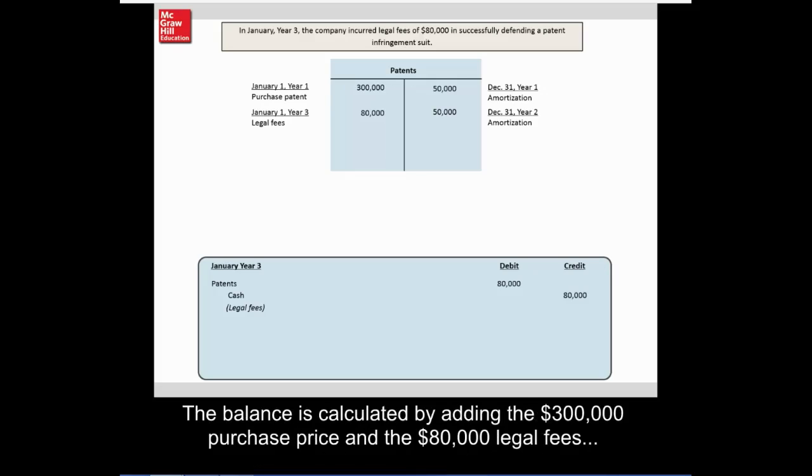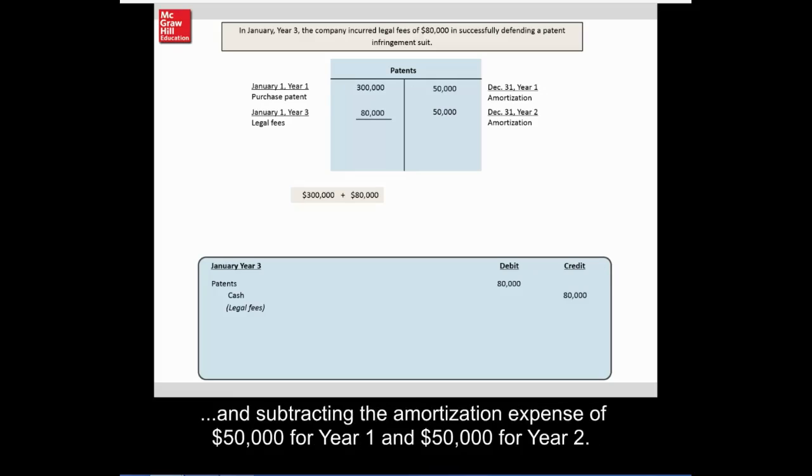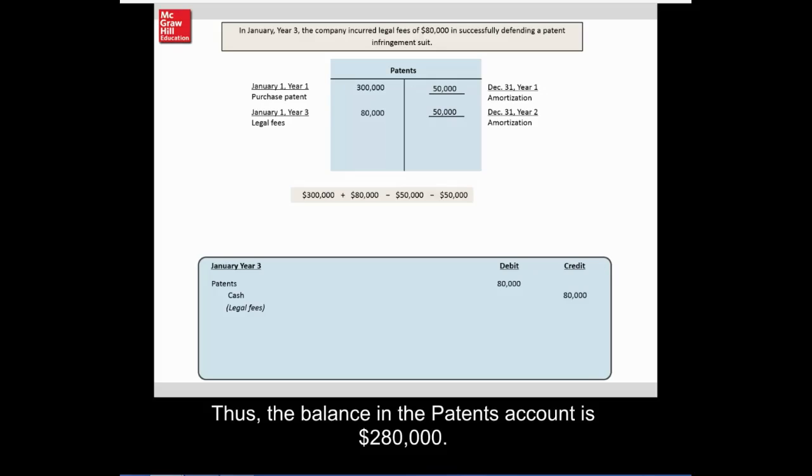The balance is calculated by adding the $300,000 purchase price and the $80,000 legal fees and subtracting the amortization expense of $50,000 for year 1 and $50,000 for year 2. Thus, the balance in the patent's account is $280,000.